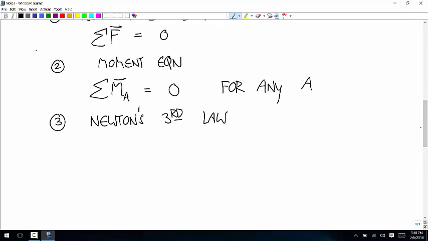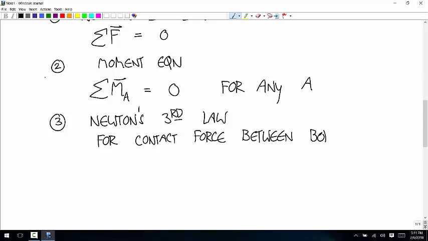For us, what that means is if you have a contact force between bodies A and B, the force vector that's applied on A by B is equal and opposite to the force on B by A.